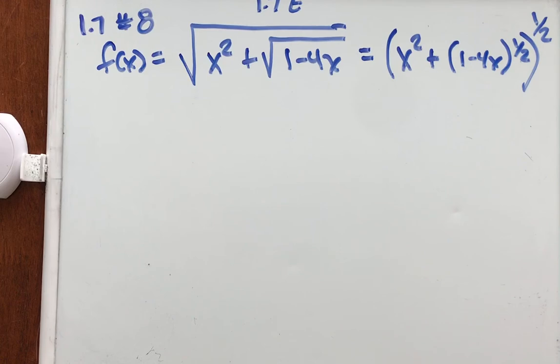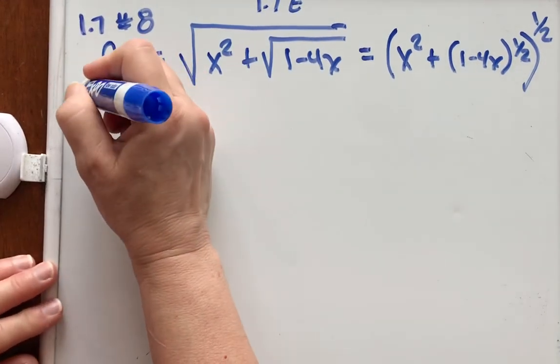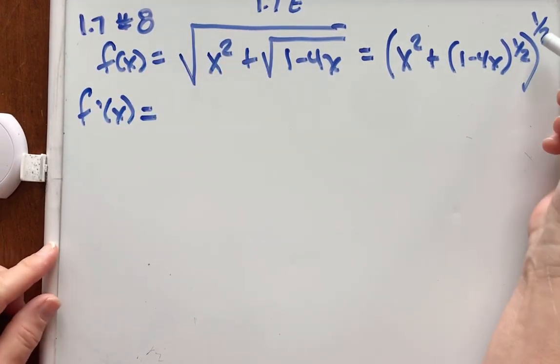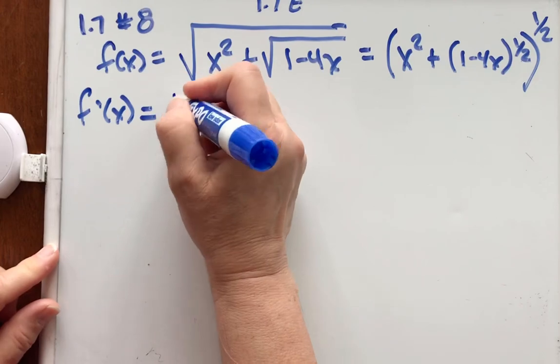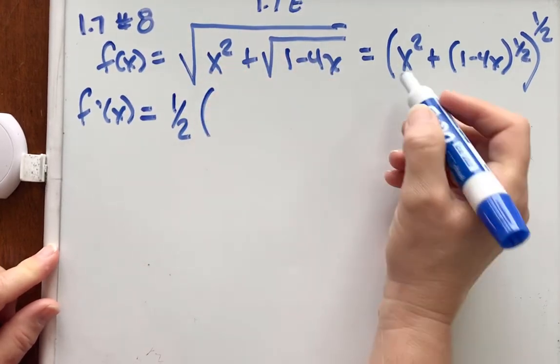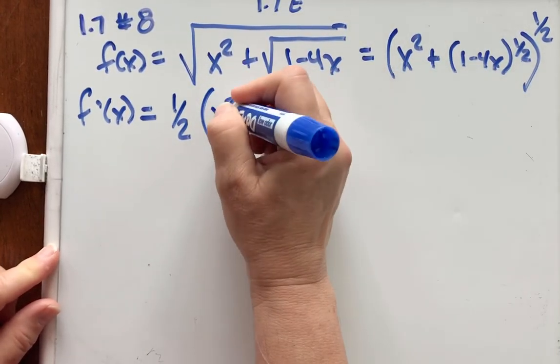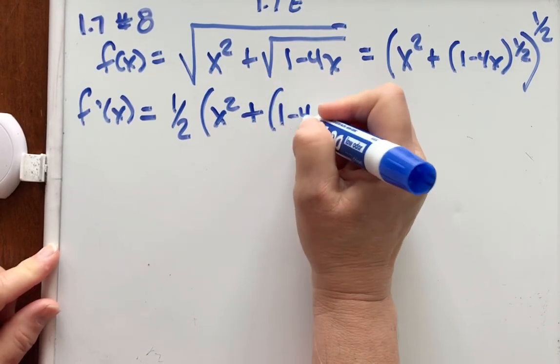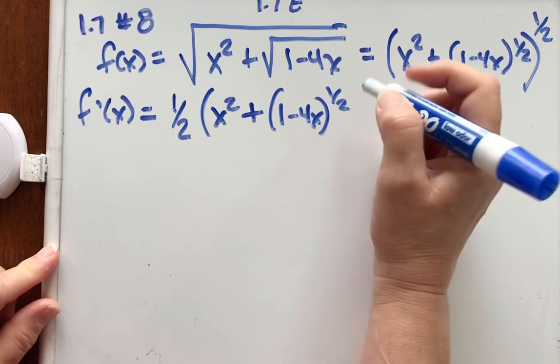Okay, now that we've got this ready, we can use the chain rule and take the derivative. We bring the 1/2 down and leave all this inside: x squared plus 1 minus 4x to the power of 1/2.